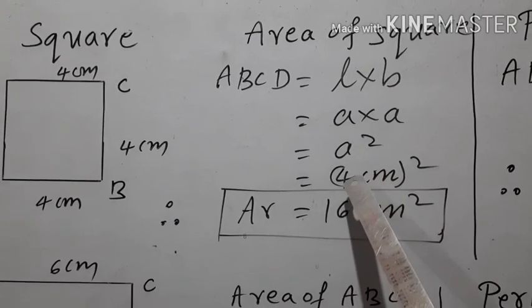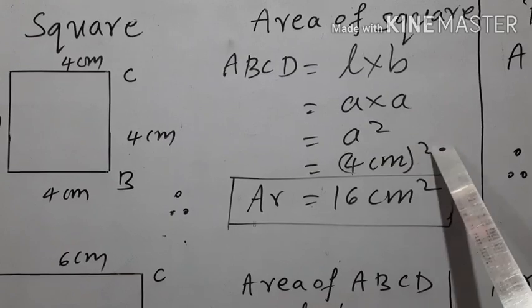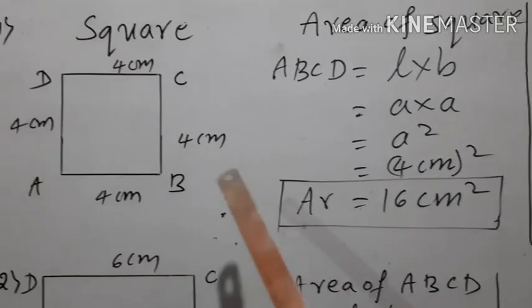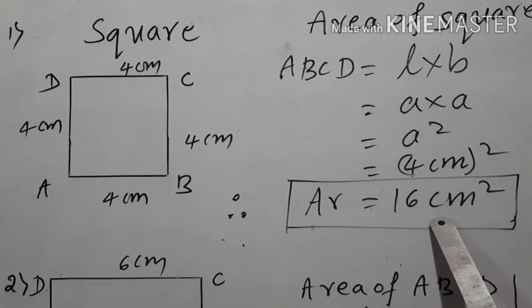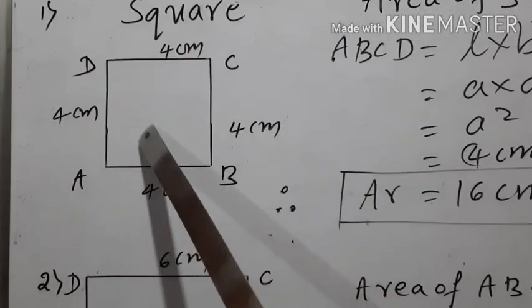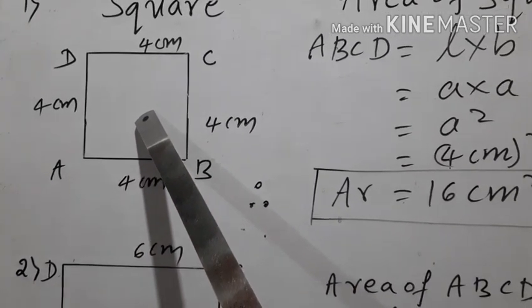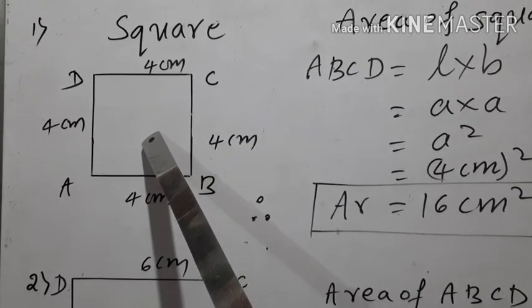Here A is the length of one side of the square. It is 4 centimeter, so 4 into 4 becomes 16 centimeter square. Therefore, the area of this square is 16 centimeter square. It means in this place we can fit 16 one-centimeter squares. That is the area of this square.